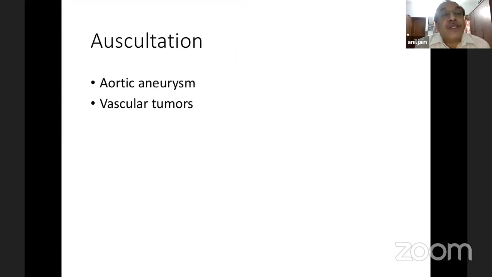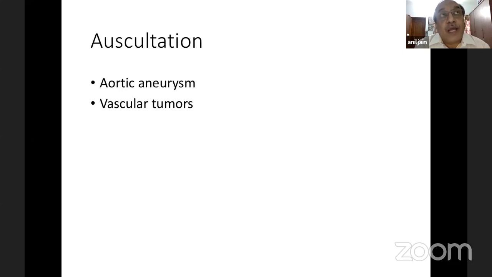Now, I would like to stress on auscultation. Generally, orthopedic surgeons don't like a stethoscope with them. However, when your pain is not characteristic and your history, pain, and your findings are not taking you to any diagnosis, then sometimes you are looking for some pain which does not fit into all orthopedic conditions.